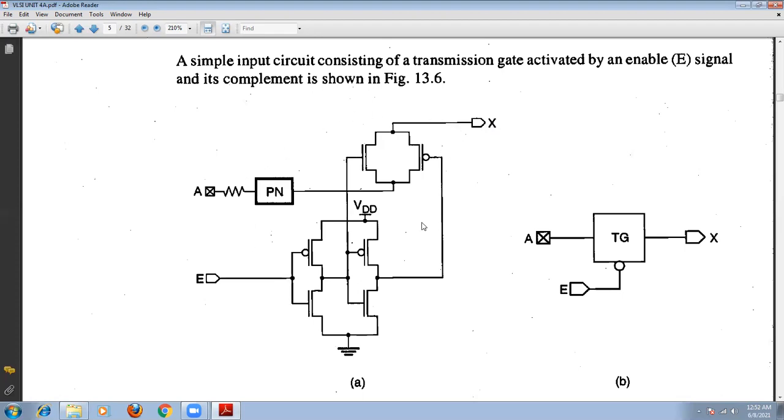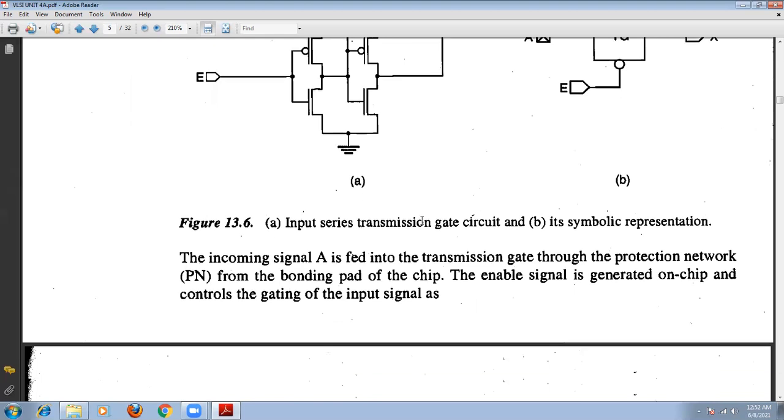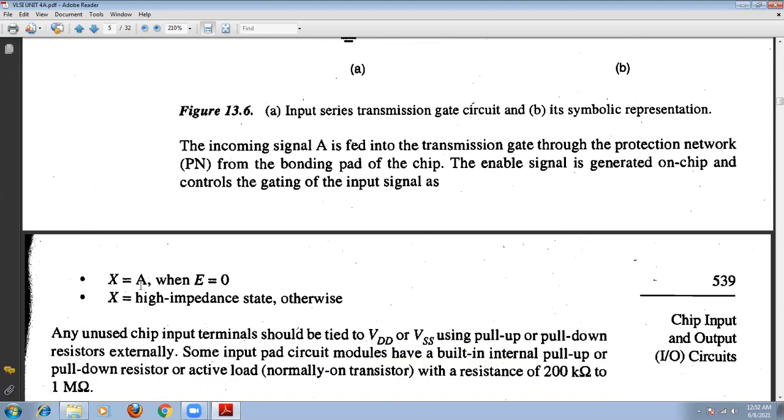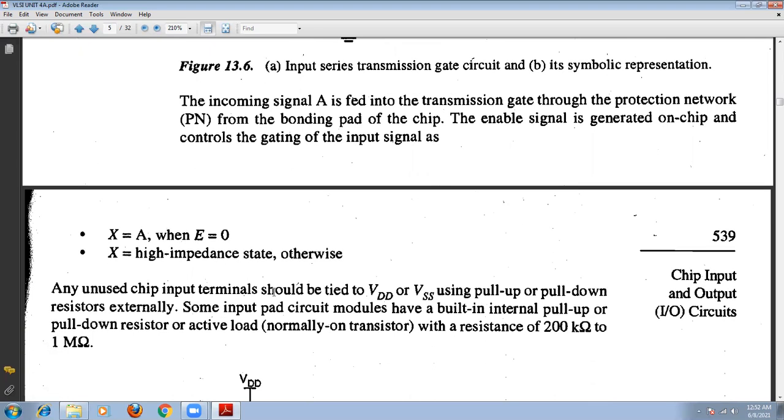So this is the simple operation of the circuit. X is equal to A when E is equal to 0. Otherwise, when E is equal to 1, the output value X is a high impedance state. That is the important thing in this case.